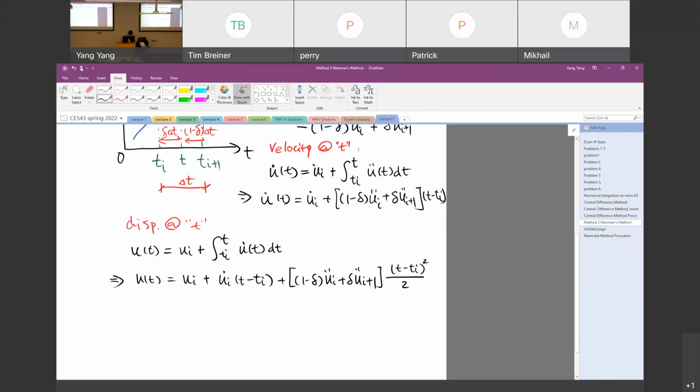In this case, we have already expressed the displacement at time t in terms of the displacement, velocity, and acceleration at time i and time i plus one.